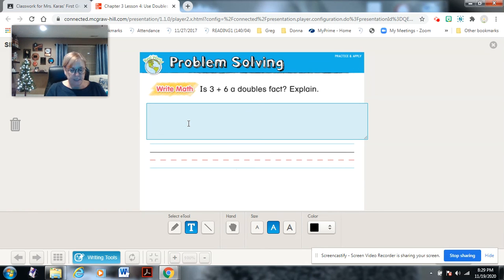Is 3 plus 6 a doubles fact? No. The addends are 2 different numbers. Okay, and there you go.